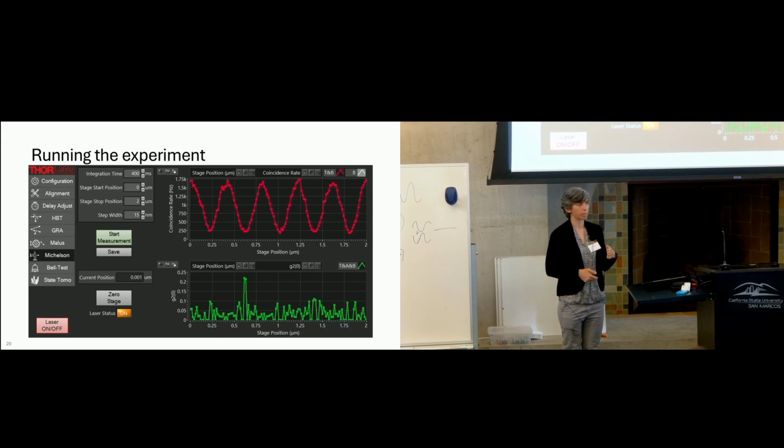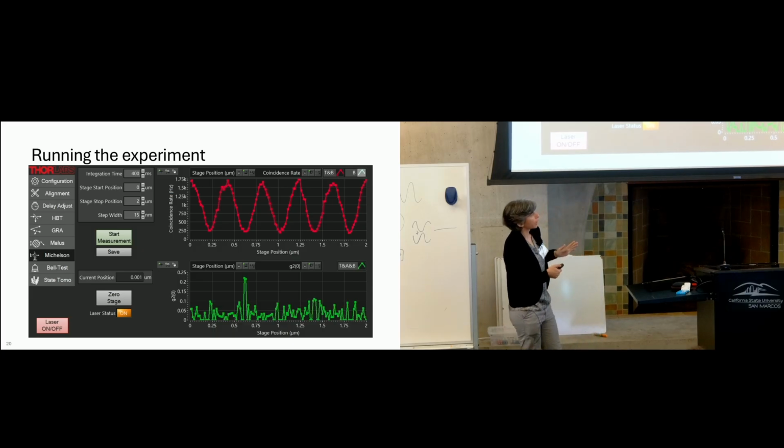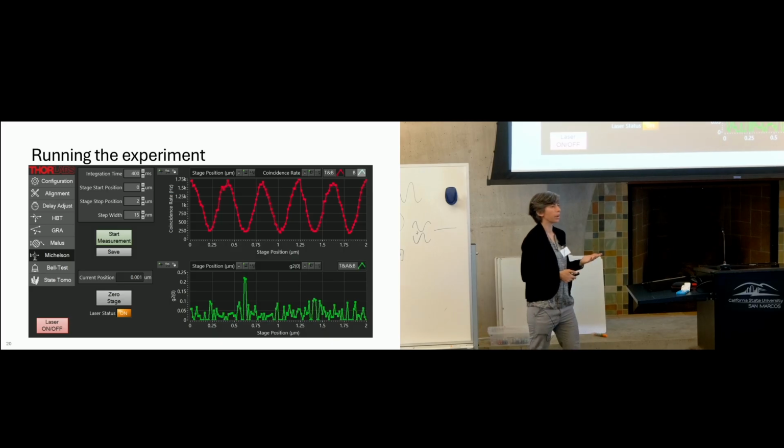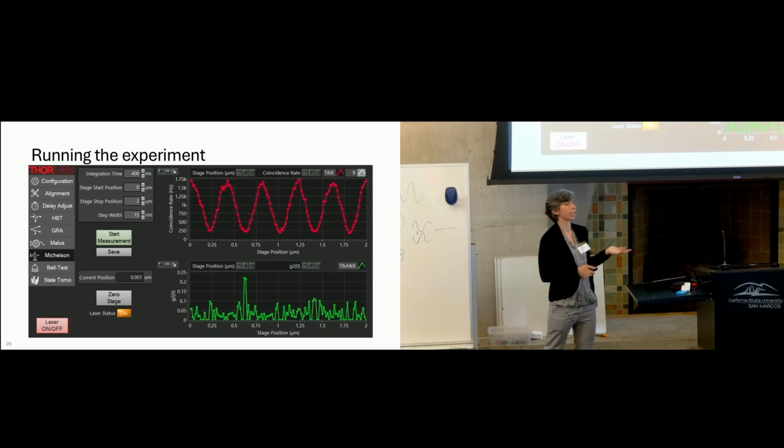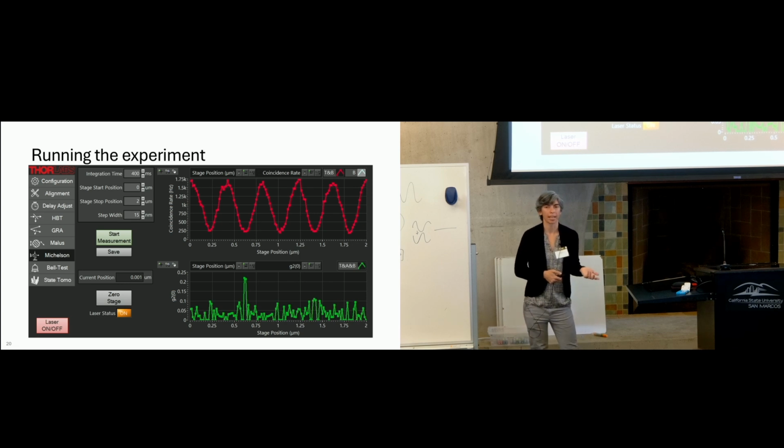If a photon goes into a beam splitter, it should only be detected at one output or the other. We're not going to go into the details here, but basically this measurement will verify that you do have single photons or something close to them, and that you're getting particle-like behavior at detection. And here you're seeing these interference fringes, which show the wave-like behavior. So if you put the two of these together, you're seeing both particle-like and wave-like behavior at the same time.